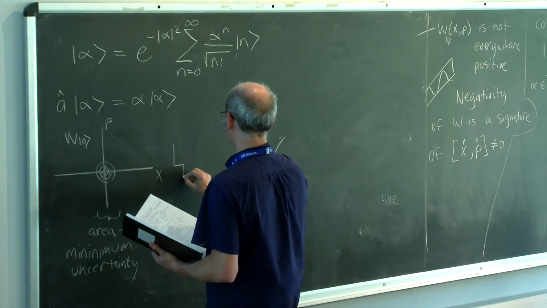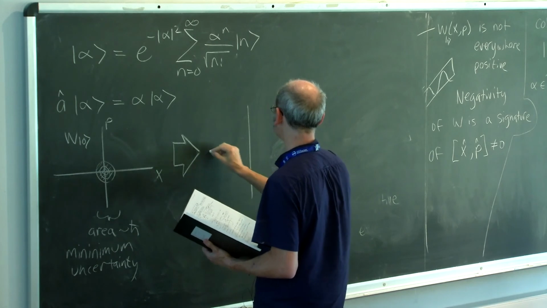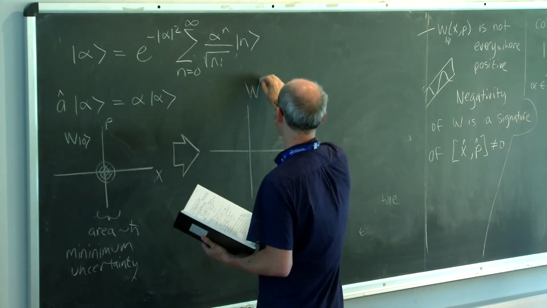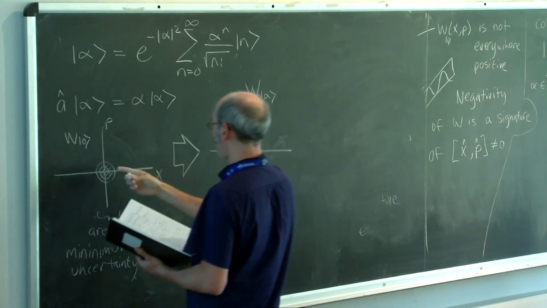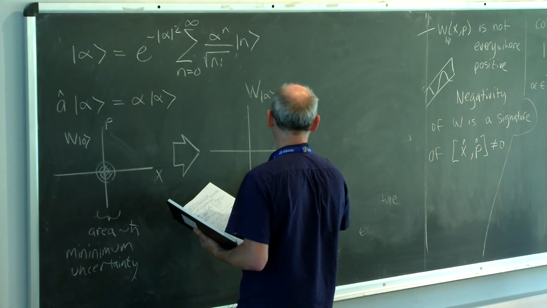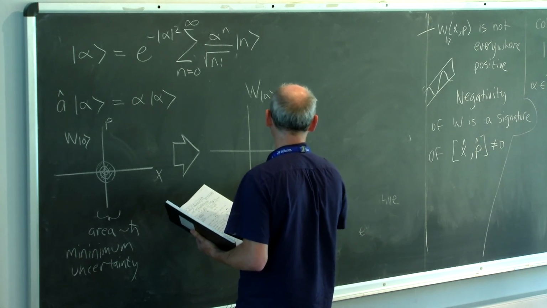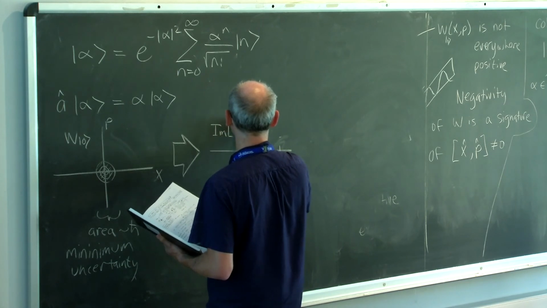As a result of these definitions, I can also draw the Wigner function of a coherent state. So here's a contour map of the Wigner function of the state alpha. It's exactly the same as the ground state. It's just been moved over by an amount that's set by the real and imaginary parts of the index alpha.